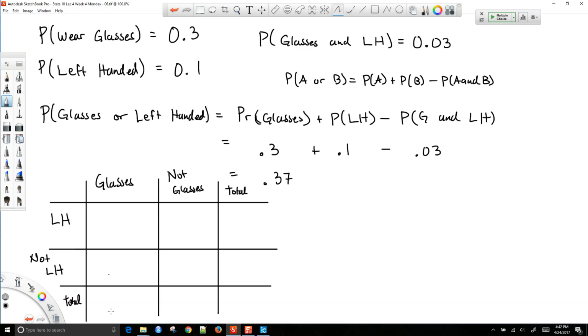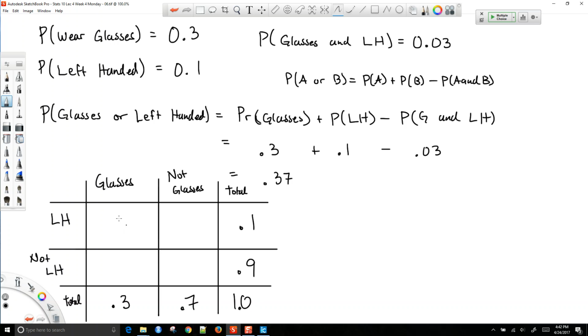For glasses in the total, we put 0.3, which means not glasses will have 0.7. For left-handed total, 0.1, and that means not left-handed total goes 0.9, and so here my total is 1.0.